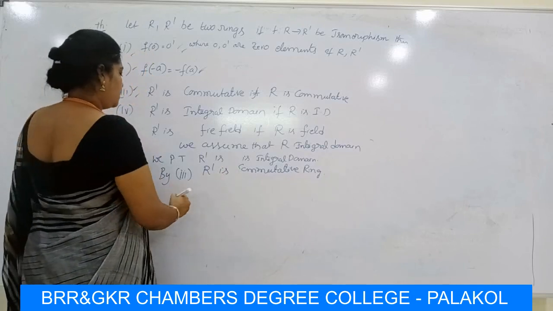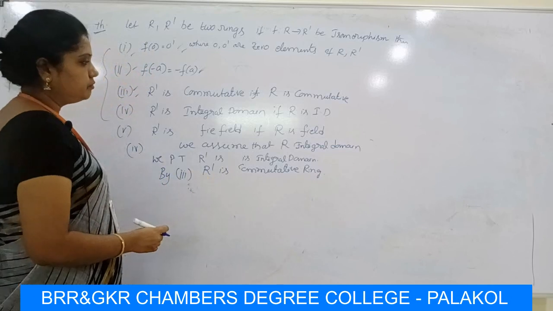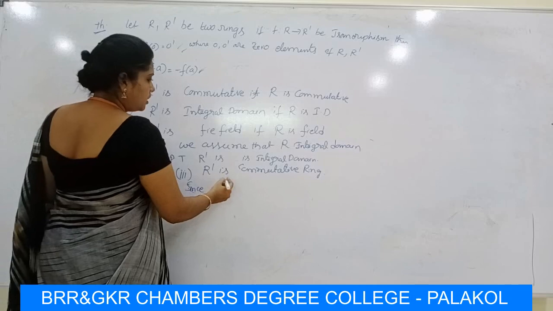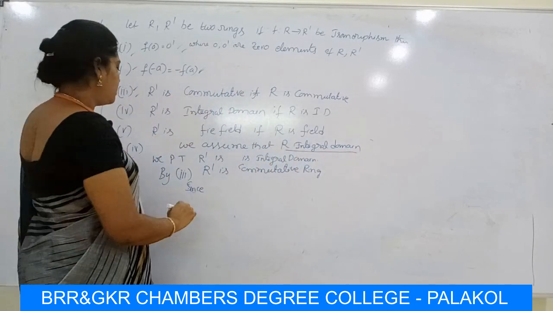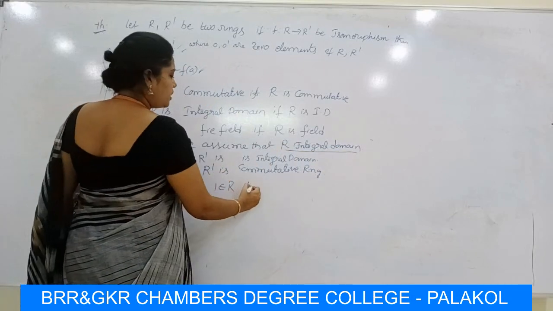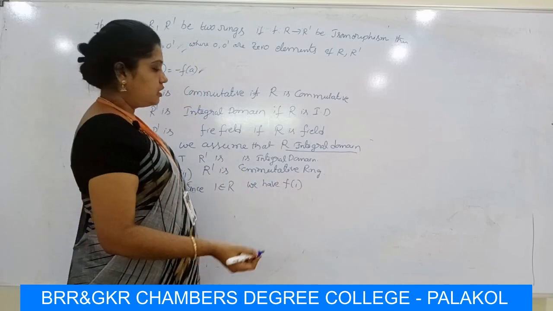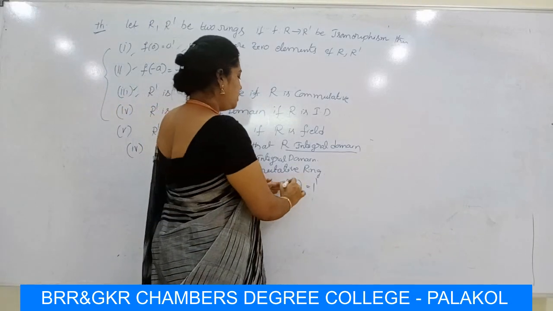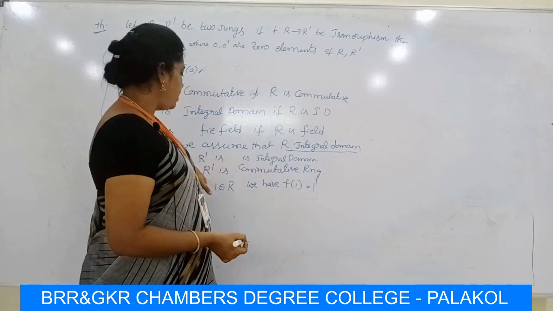So first, since R is an integral domain, R has a unity element. Since 1 belongs to R, its image f of 1 can be denoted by 1 dash. We have to prove this is the unity element of R dash.